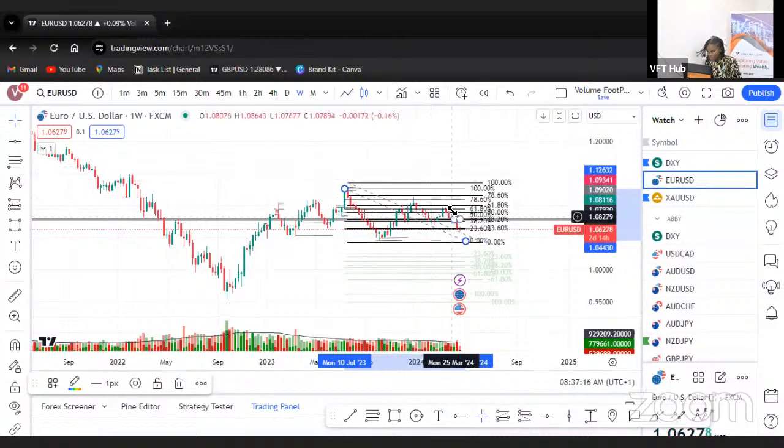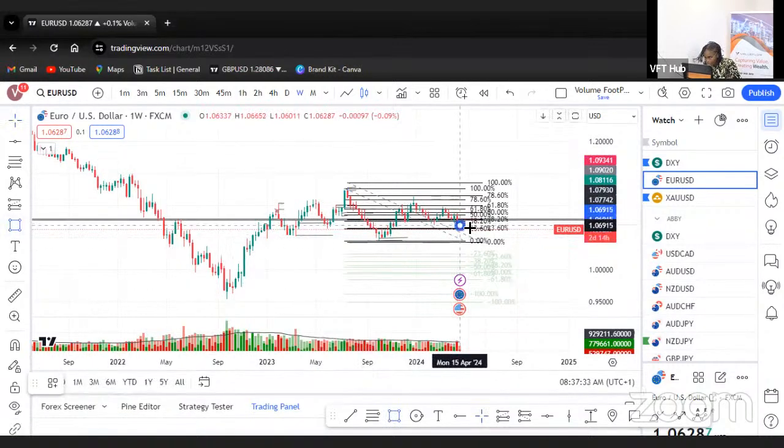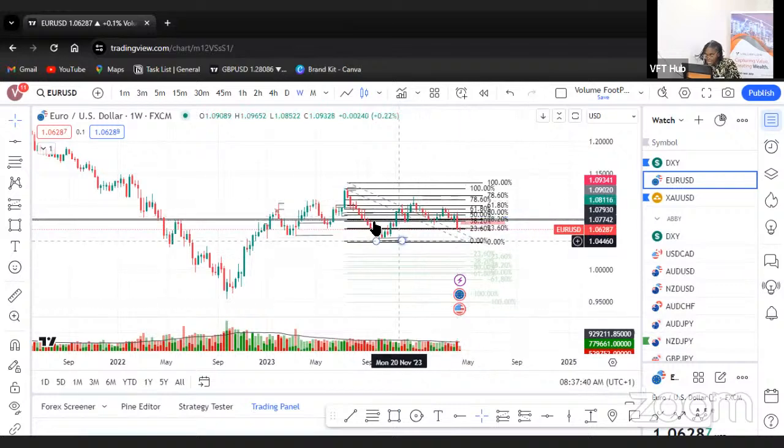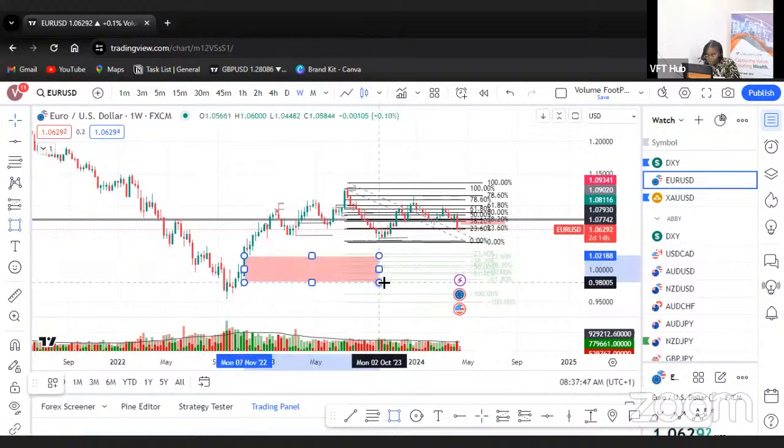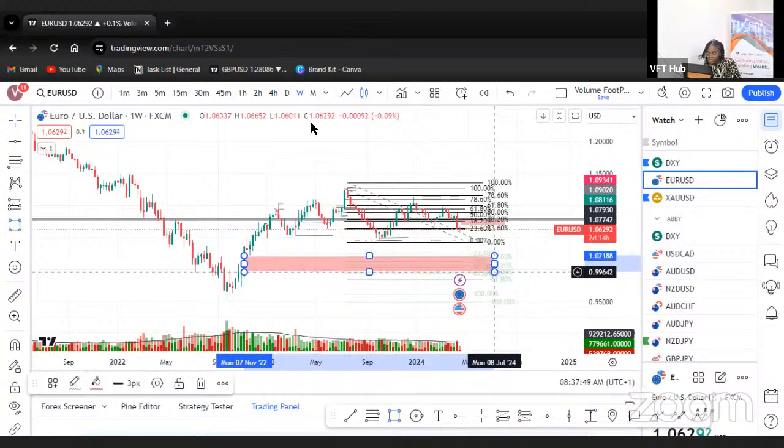You can see that price closed below this low here, fully closed below this low here. And for the rest of this week, I'm expecting a retracement into this fair value gap here before price probably continues itself to the downside, taking out this low and trading into this fair value gap here on the weekly time frame.